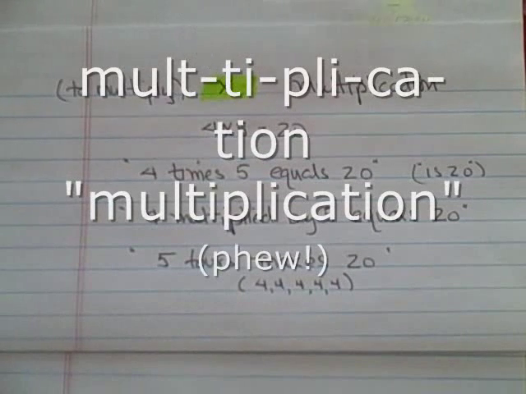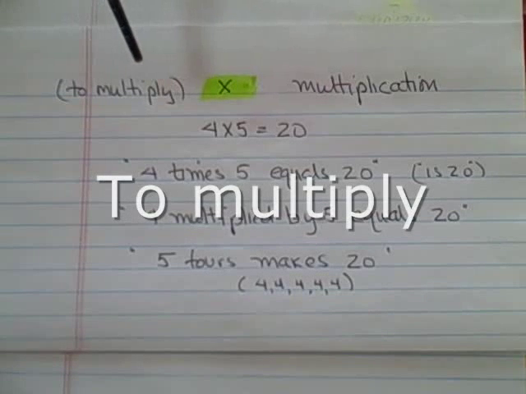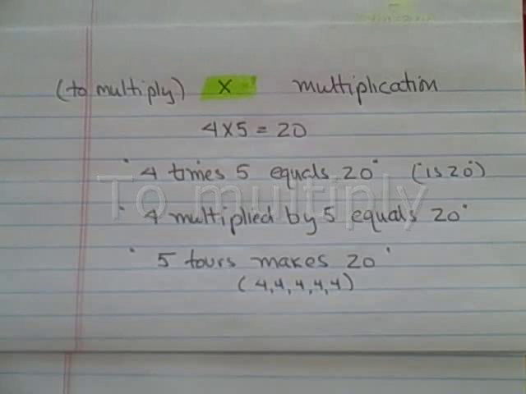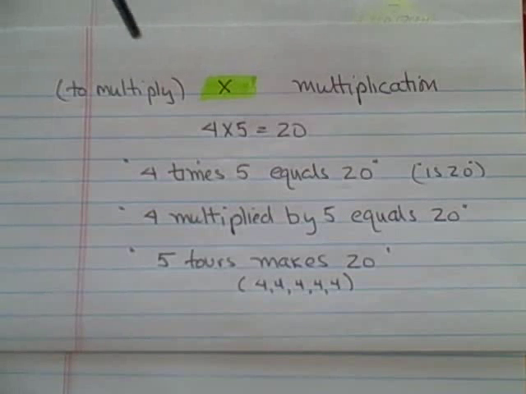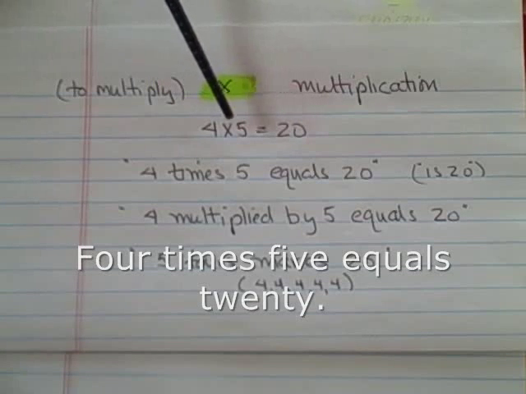This is the symbol or the sign for multiplication. To multiply is the verb. How would you say this? You'd say 4 times 5 equals 20.